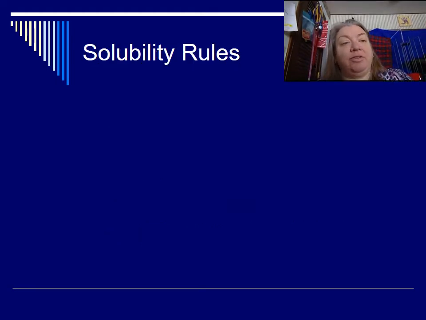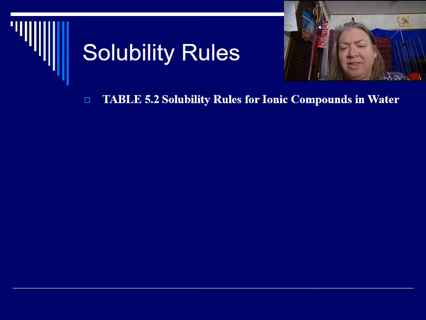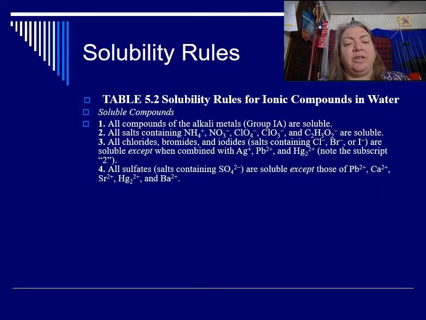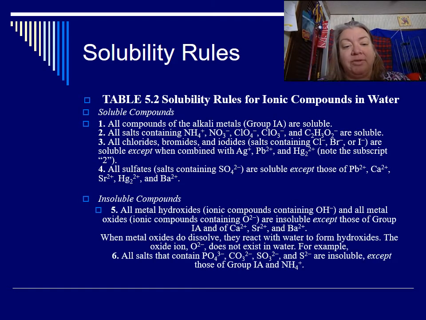Over the years, scientists have realized that they can predict whether or not a substance is likely to be soluble, meaning that it will dissolve in water, or insoluble, based on just the chemistry of it. In your book, you have these solubility rules. They say compounds tend to be soluble if it's a group 1A, or has ammonium, or has chloride, and these tend to be insoluble if it's got a phosphate or a carbonate.